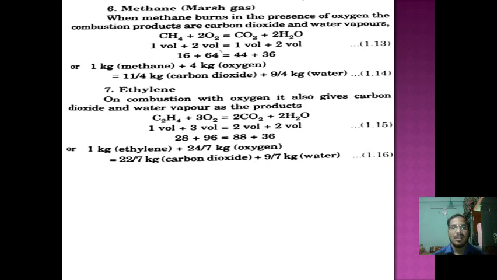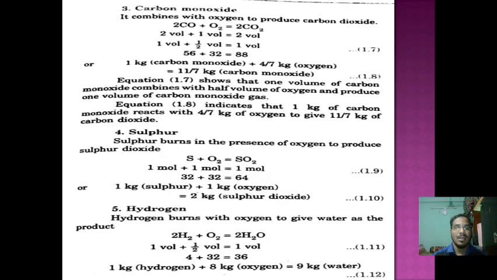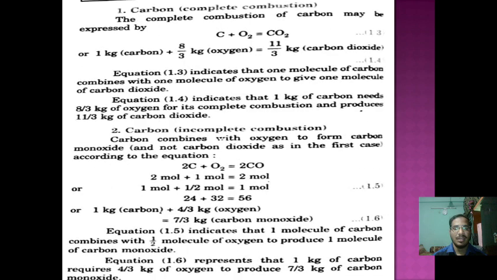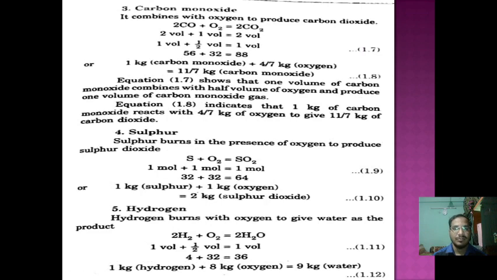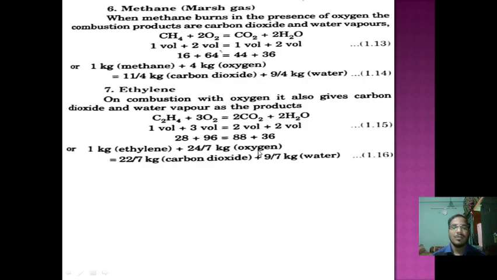After that chemical equation, solve this LCM and you will get this value. 88 you will get for carbon dioxide, and the same for carbon monoxide. Okay, so you can easily find this LCM.